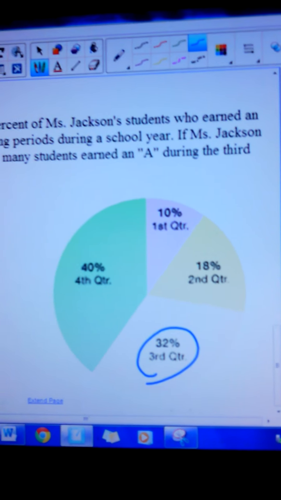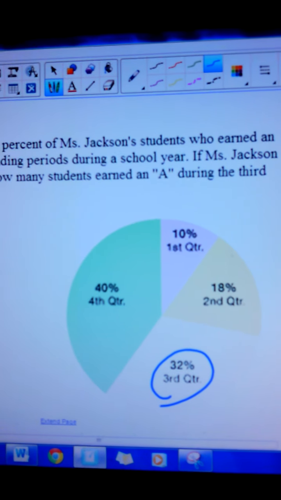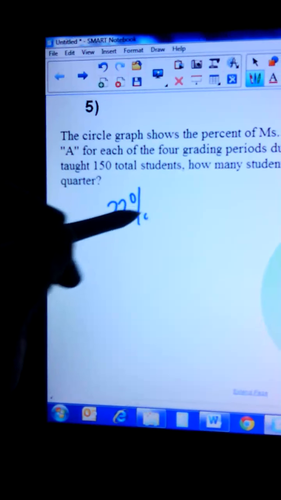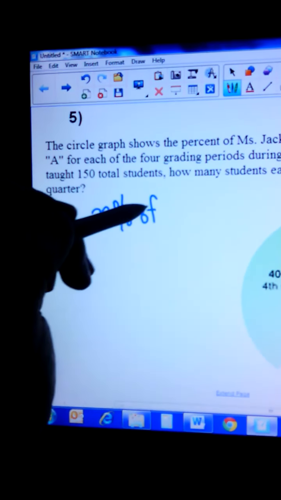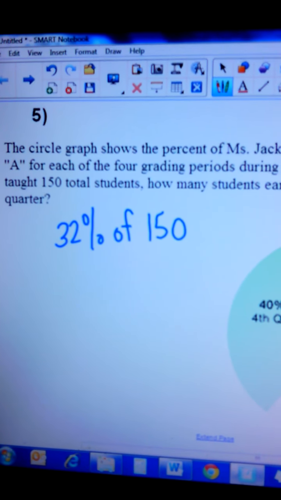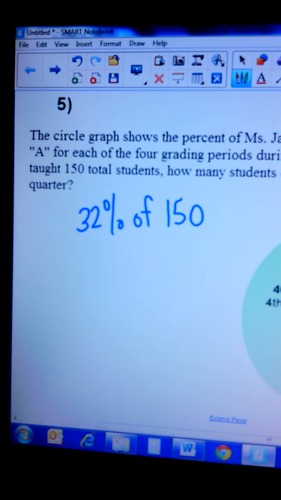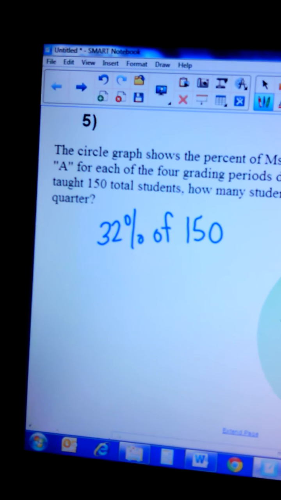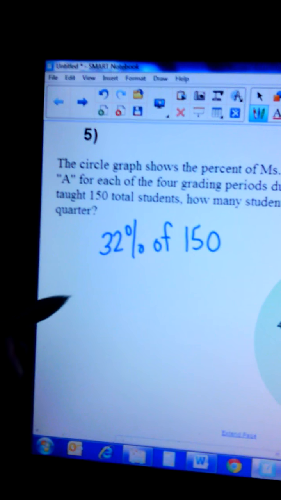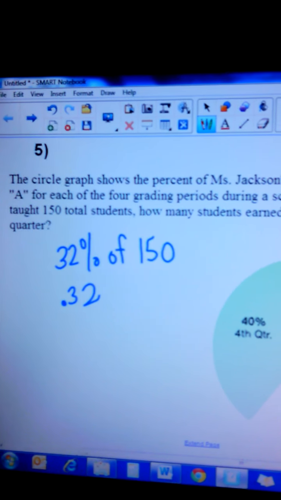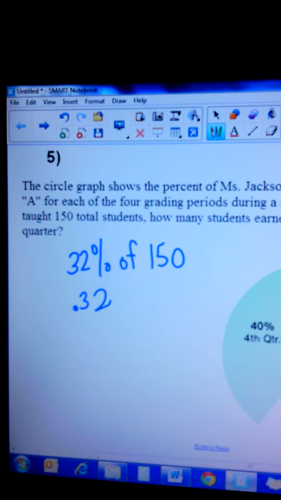So we need to set up our problem as a percent problem. So we'll take 32%. We're essentially trying to find 32% of 150. Translation into a partial equation would work here. Again, change your percent into 0.32. And you know that of translates to the multiplication symbol.